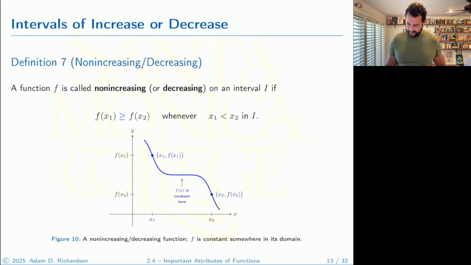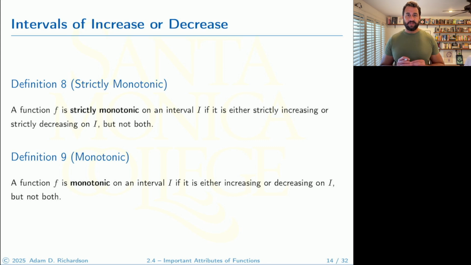Okay. Now, let's summarize those. When your function is strictly increasing or decreasing, we call that strictly monotonic. Monotonic, if you think about the word monotone, literally means one tone etymologically. So monotonic means it is keeping the same behavior in this context.